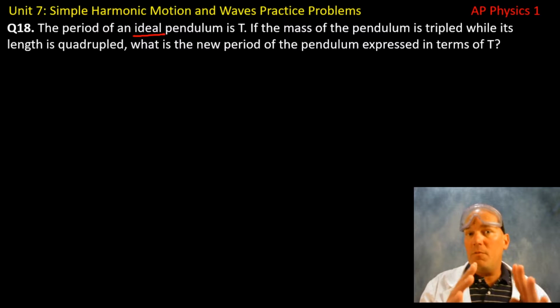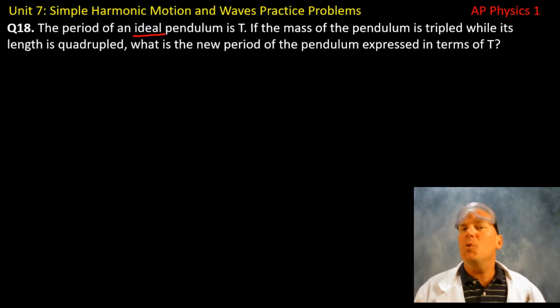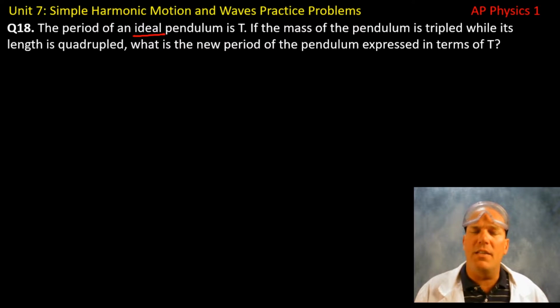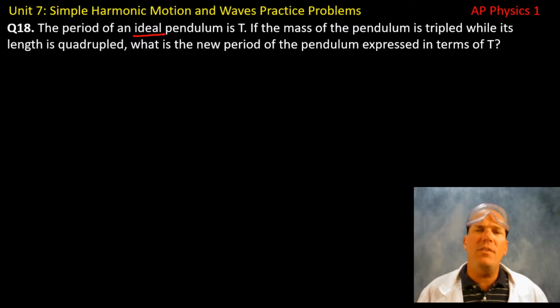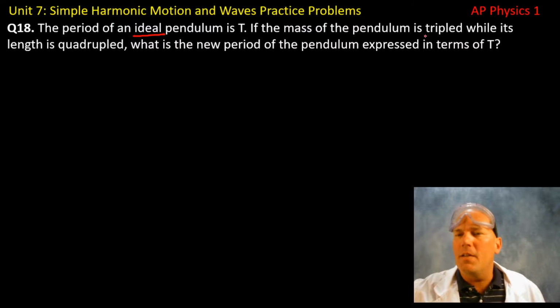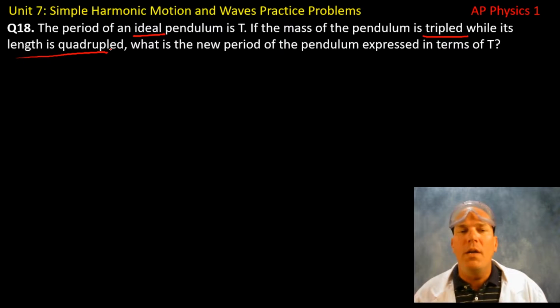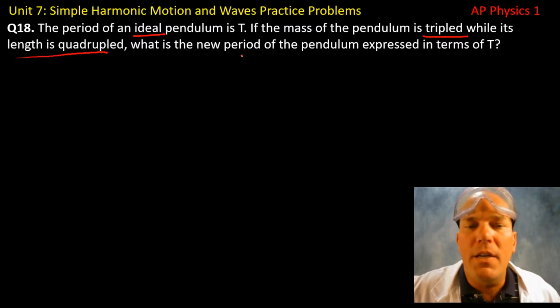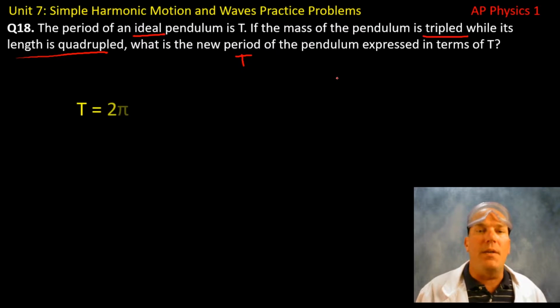Okay, we're studying what's termed ideal pendulums. So that's important, at least for me to mention in this course. If the mass of the pendulum is tripled, and the length is quadrupled, what is the new period of the pendulum expressed in terms of T?